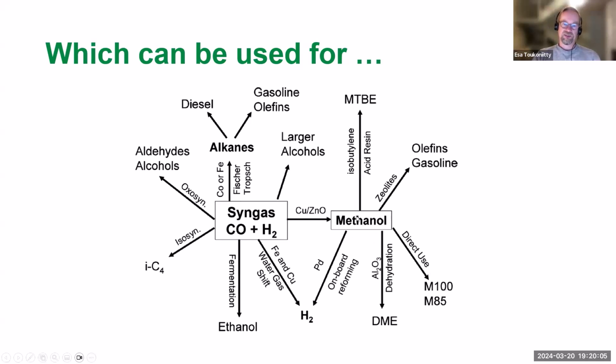And if you want to further process this methanol, you can produce gasoline components. MTBE, methyl tert-butyl ether, is an additive in gasoline. You can refine the methanol with zeolites and produce hydrocarbons for gasoline, and olefins and so on.